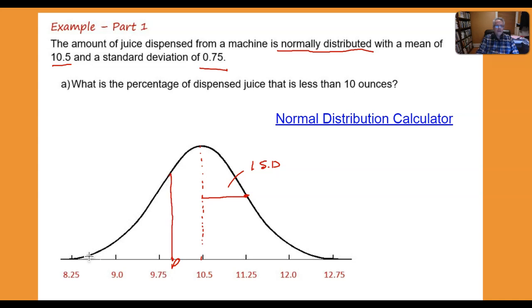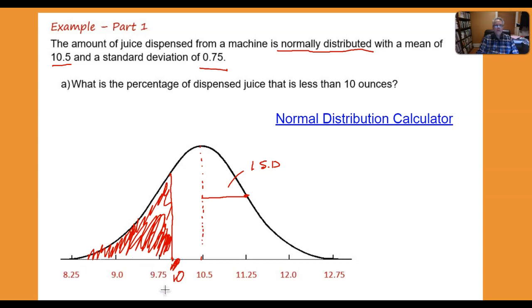The way this works is that the percent of times that juice is filled to less than 10 ounces is equal to the area under the curve from the value of 10 and to the left and below.